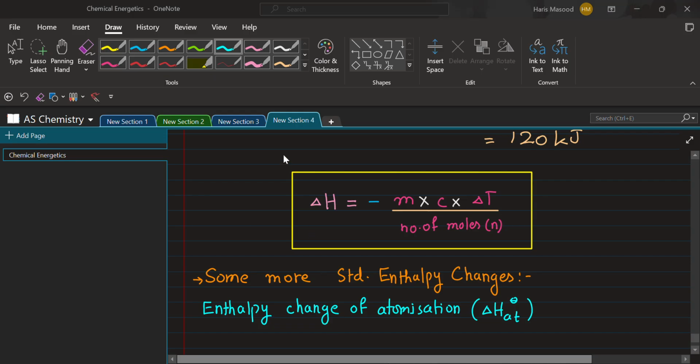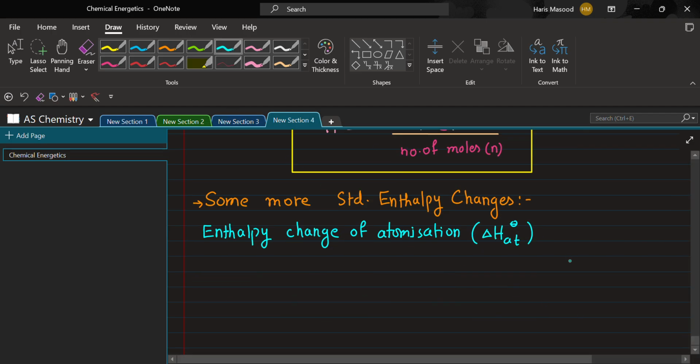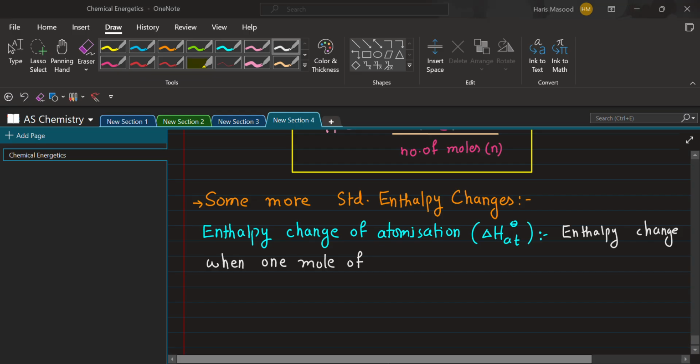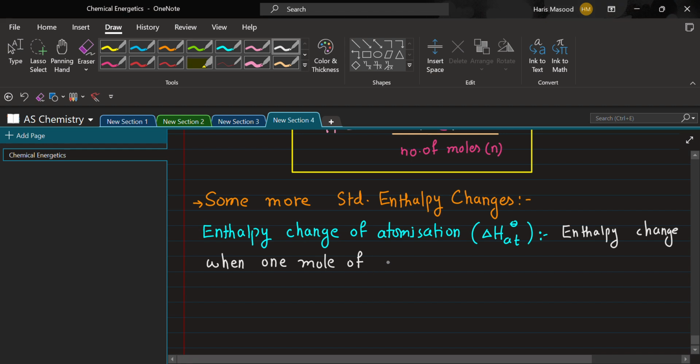For enthalpy change of atomization, we can write it as the enthalpy change when 1 mole of gaseous atoms is formed from its element under standard conditions.